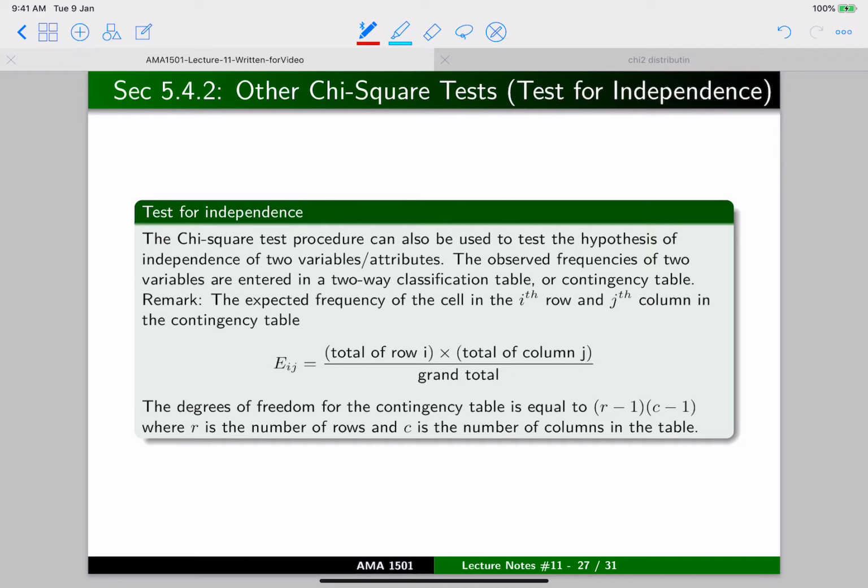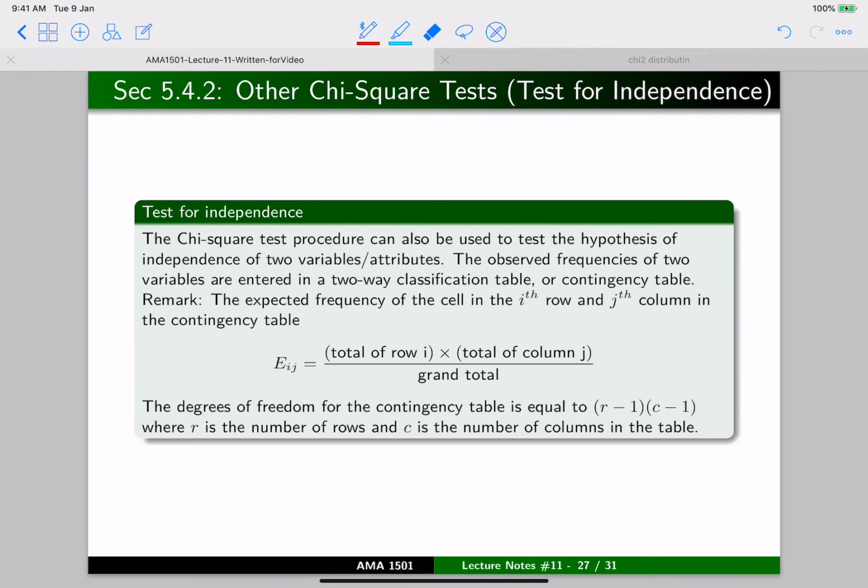This video is about the chi-square test for independence. You can use this test to see whether two variables or attributes are independent or not.